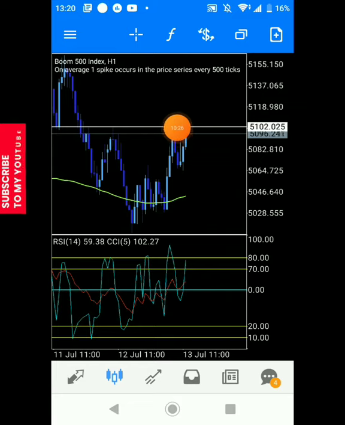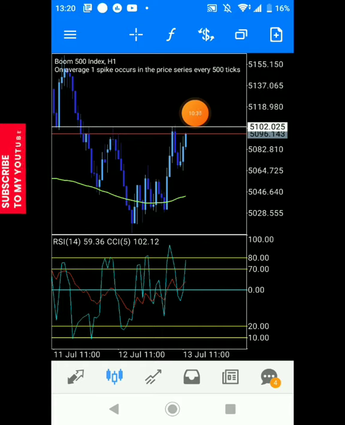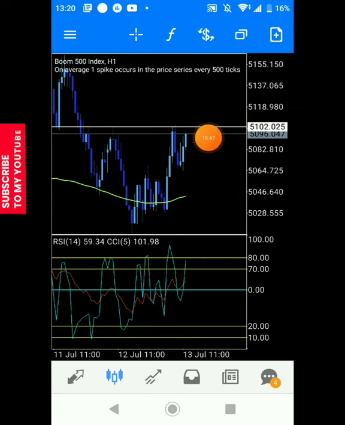See, it resisted, went down, and is on its way spiking back up again. It wants to break out. So if it breaks out and gives you a retest, you can buy more. Or if it breaks out, anything can happen. You can decide to sell. But at this junction, I don't advise you to place buying or selling opportunities. I just advise you to wait to see what might happen, because it's already almost close to the resistance zone.